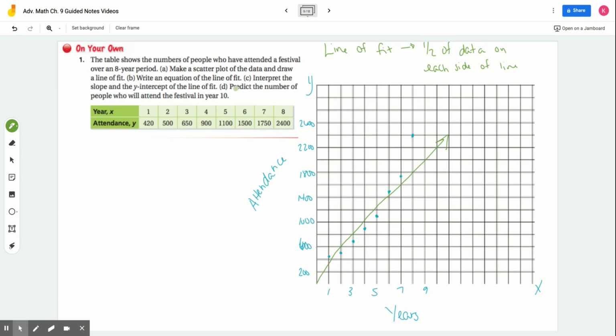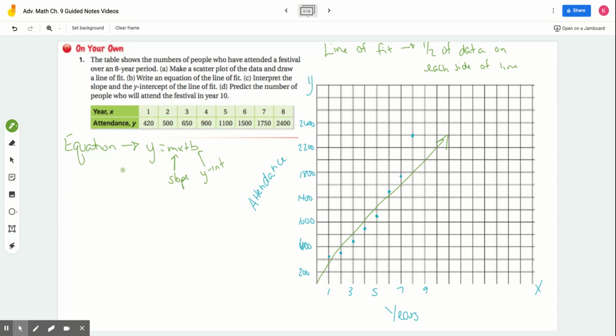Now, writing an equation for the line of fit. You've probably talked about this a little bit before. The equation format for a line is y equals mx plus b. In this equation, the m stands for the slope, and the b is the y-intercept, where it crosses the y-axis.